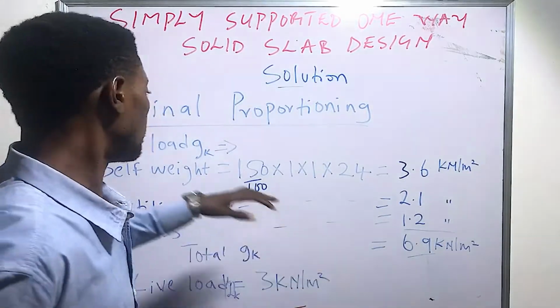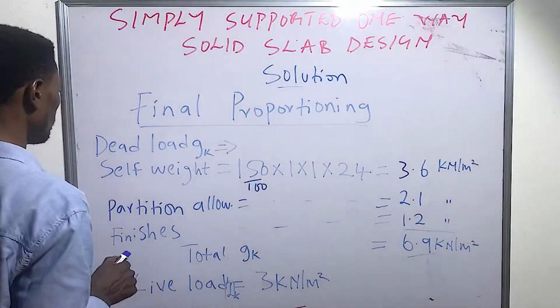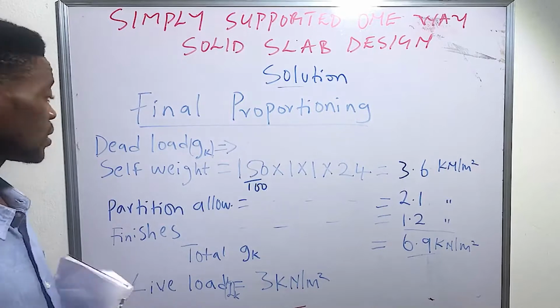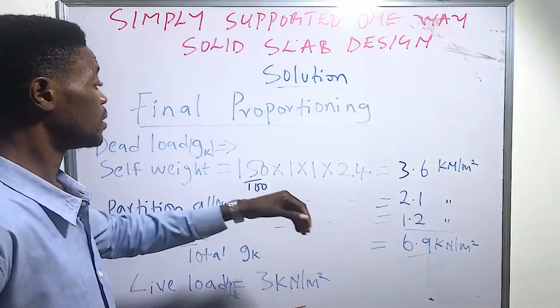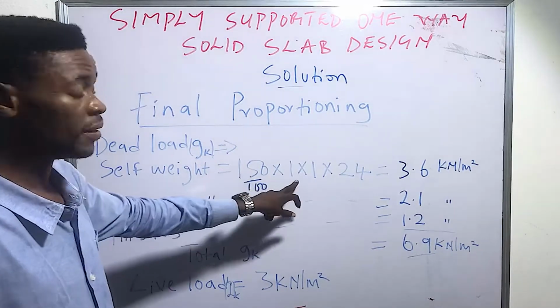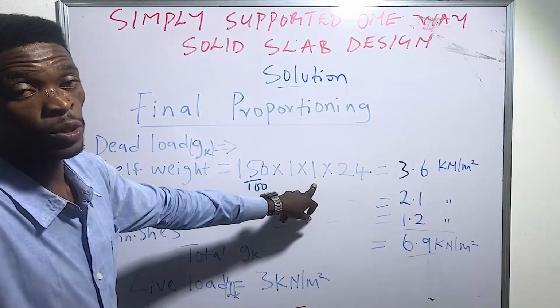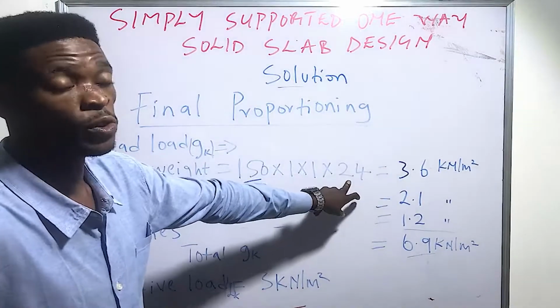So from there, we can get our dead load as GK, as our self-weight, which is the volume times density of concrete. So it's the overall height multiplied by the length times breadth. Like I said, we take a 1 meter by 1 meter portion, then multiply by the density of concrete.